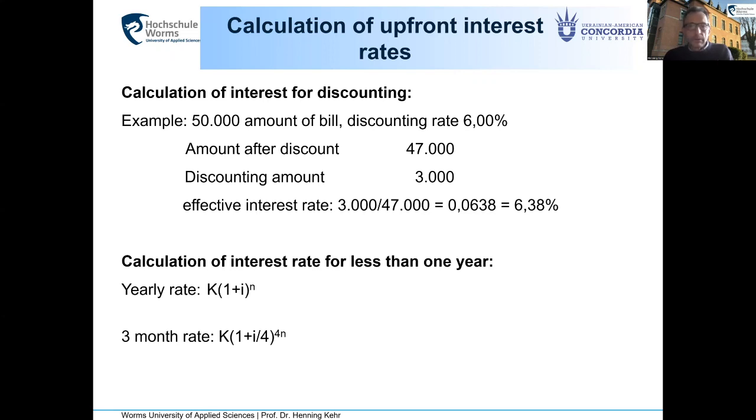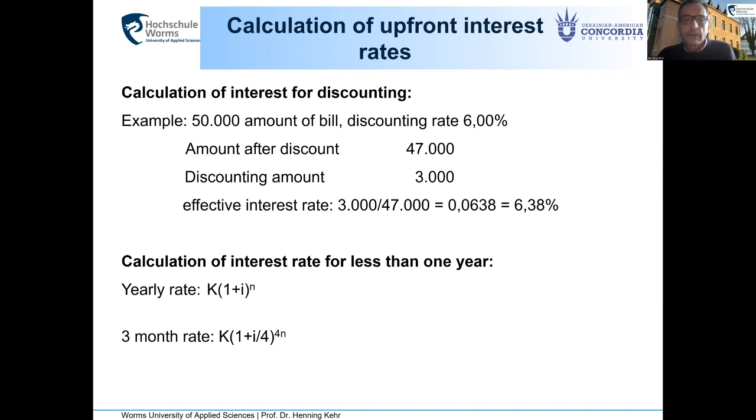So the first example: calculation of interest for discounting, or to say it with another word, upfront payment of interest rates. Upfront means in advance, before you receive the credit or the loan. Here in my example, I compare the situation of paying interest after the credit line, or after 1 year, in comparison to paying in advance.